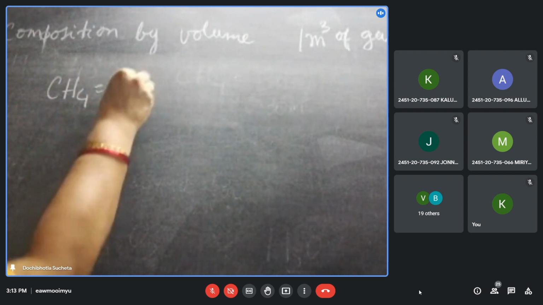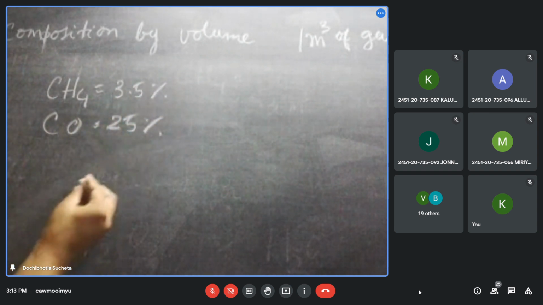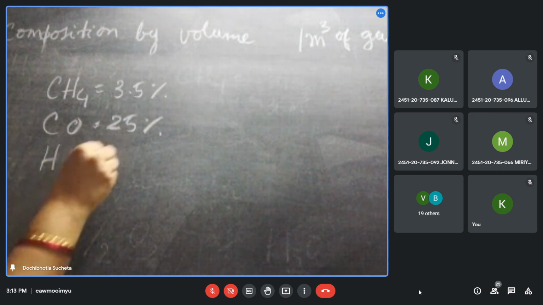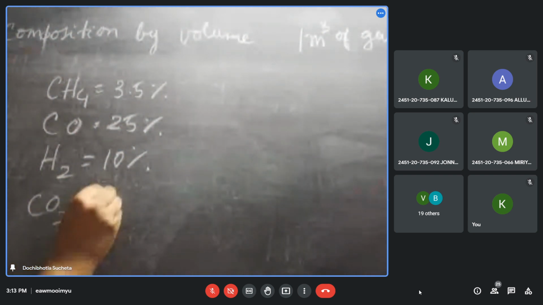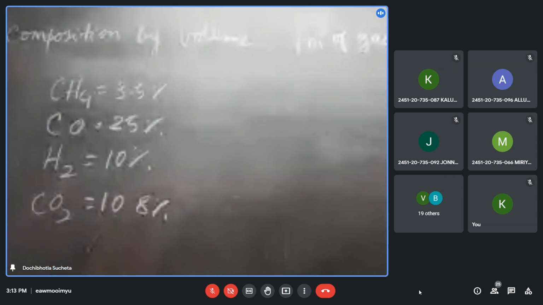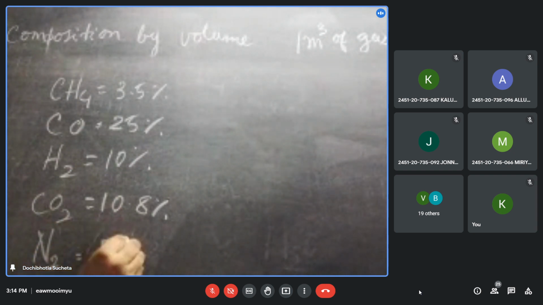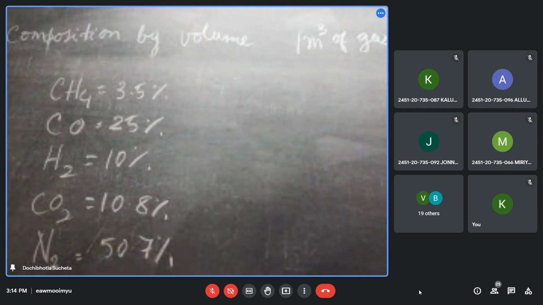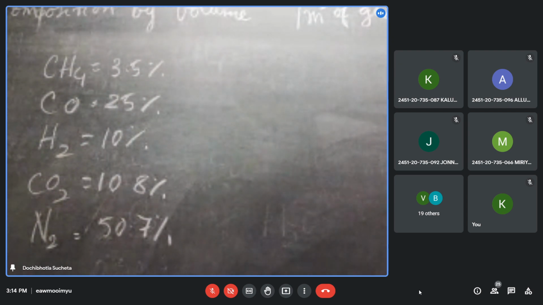To repeat: CH4 3.5%, carbon monoxide 25%, hydrogen 10%, carbon dioxide 10.8%, nitrogen is 50.7%. Calculate the volume of air required for the complete combustion of this gas, by volume.